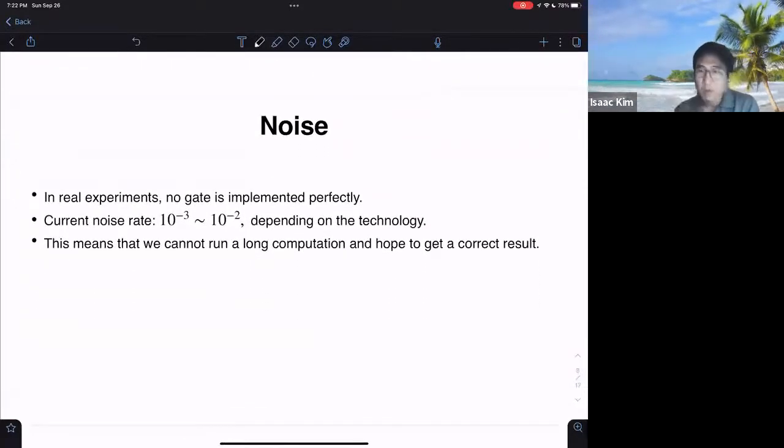In real experiments, these gates we can write down mathematically precisely, but for instance, if we apply a Pauli gate, in practice it won't work exactly like that. There will be some over rotation, some decoherence, some kind of noise. Currently the best noise rate is between 10 to the minus 3 and 10 to the minus 2. Sometimes you can say 10 to the minus 4-ish, but that's somewhat isolated examples.